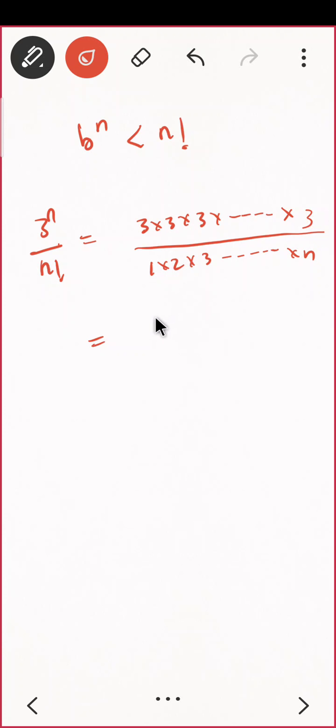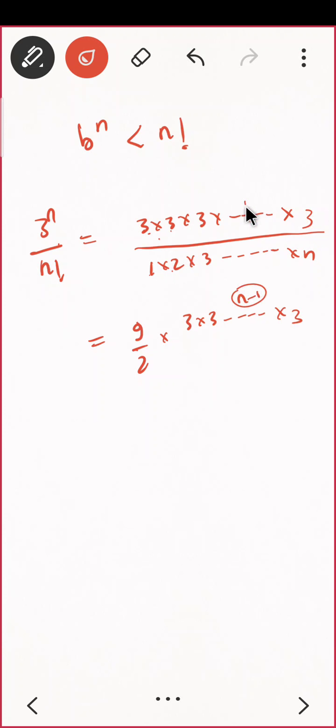Suppose I am taking this, let us form a pattern. Let us see what is 3 into 3 and 2 into 1. So this is 9 by 2. I am taking the first two terms of this and first two terms of that. So it is 9 by 2 into 3 into 3 up to 3, this is n minus 1 times now.